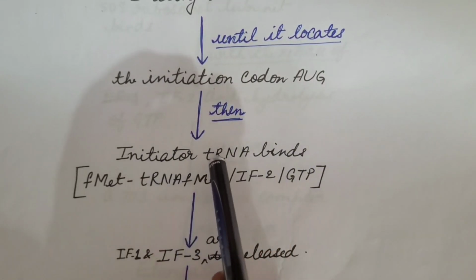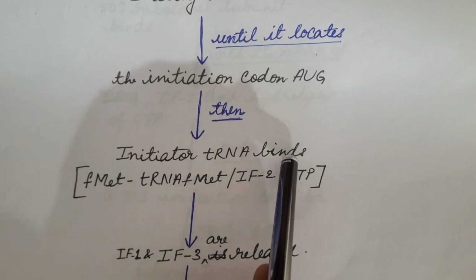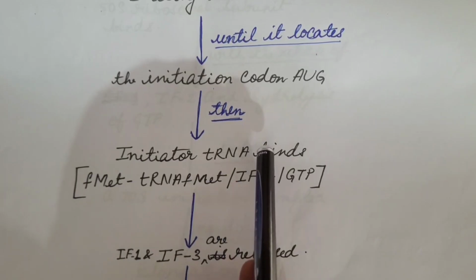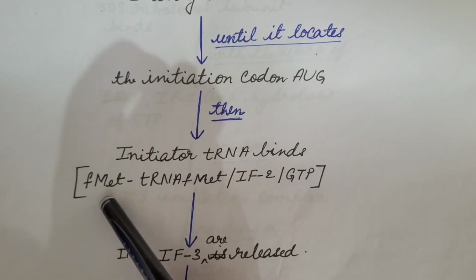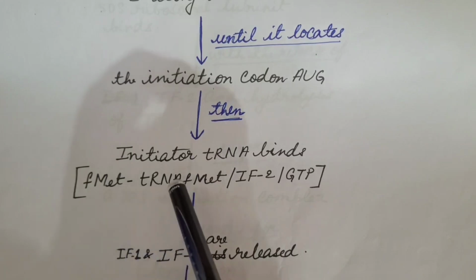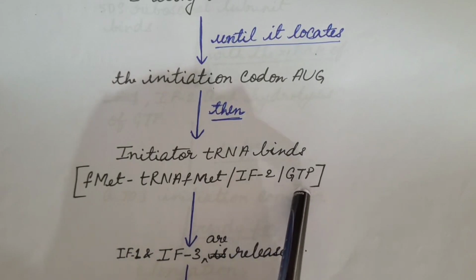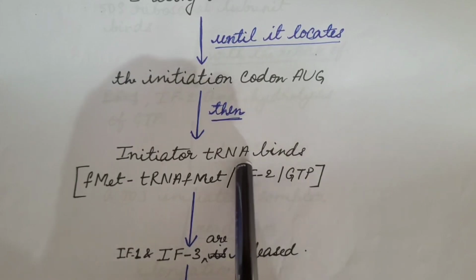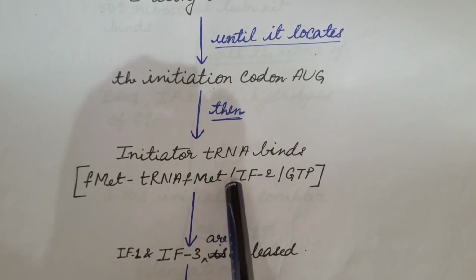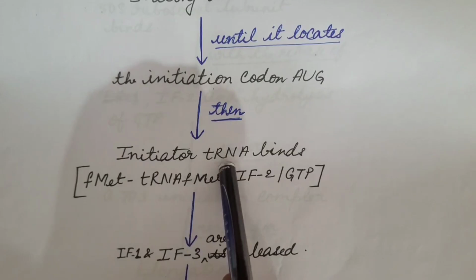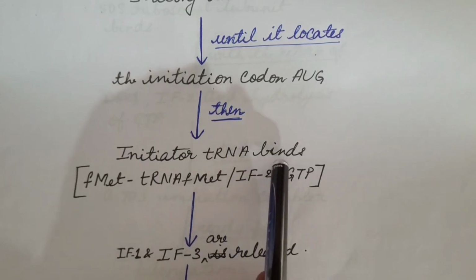Then initiator transfer RNA binds to the initiation codon. This initiator transfer RNA is charged with N-formyl methionine and is in complex with IF2 and GTP. This IF2 facilitates the binding of initiator transfer RNA to the initiation codon.